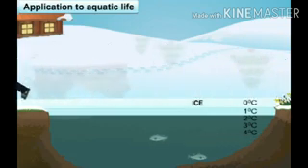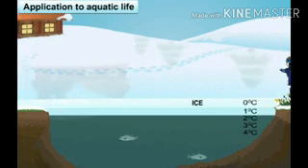On further cooling below 4 degrees centigrade, at temperatures of 3 degrees, 2 degrees, 1 degree and 0 degrees centigrade, the topmost layer expands in volume and, being less dense, remains floating on the surface. When the temperature falls to 0 degrees centigrade, it freezes into a layer of ice.